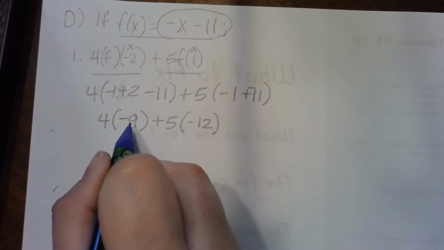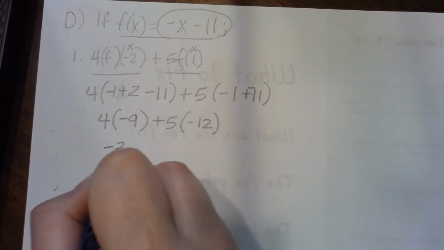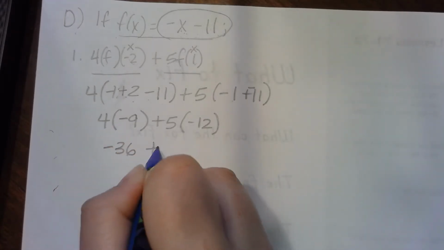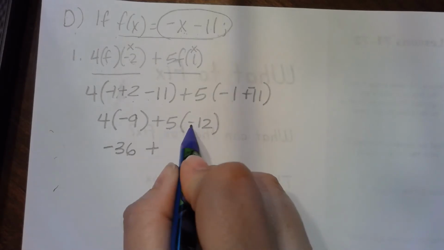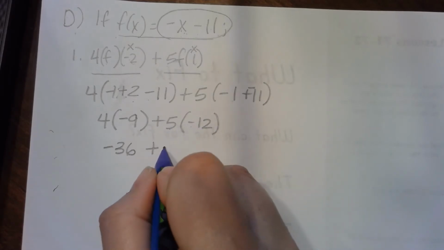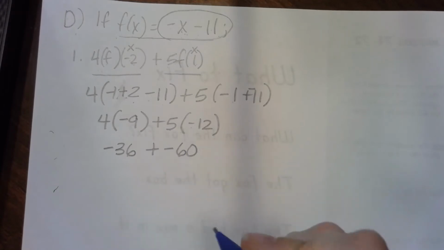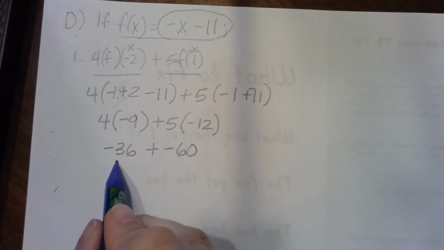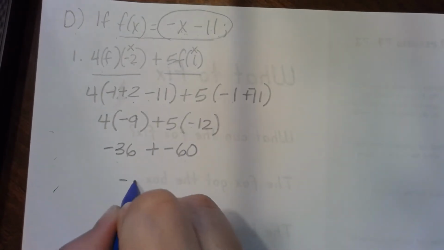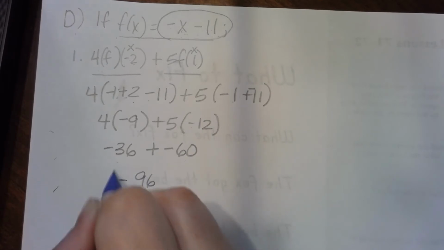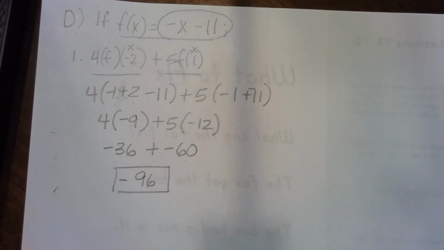So I've got 4 times negative 9, which gives me a negative 36, plus 5 times negative 12, which gives me a negative 60. I'm adding a negative and a negative, so I just combine them to get a negative 96. All right, so that is problem number 1.